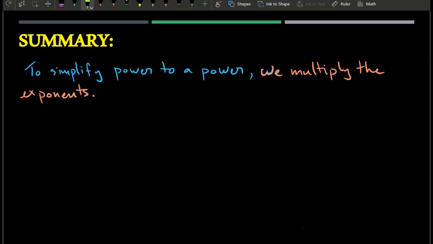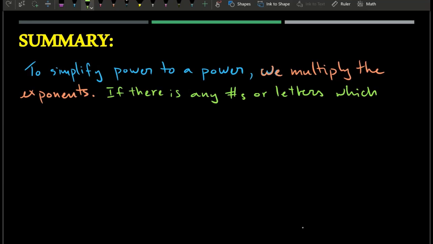Okay, if there is any number or letter which doesn't have a power, what do we have to do?